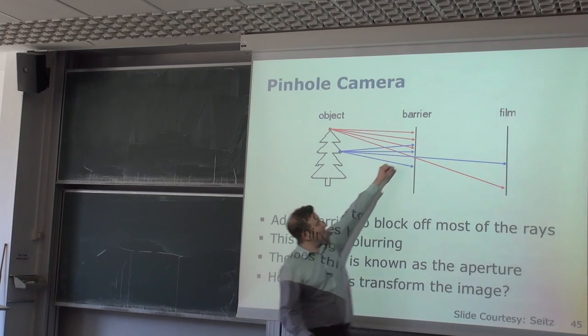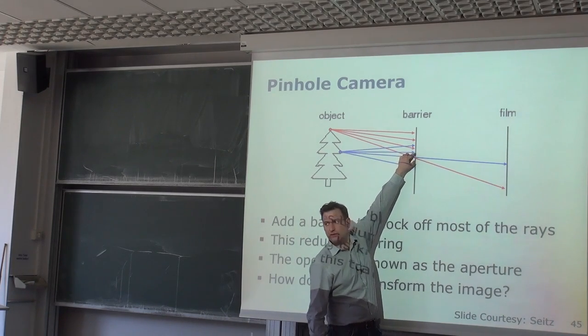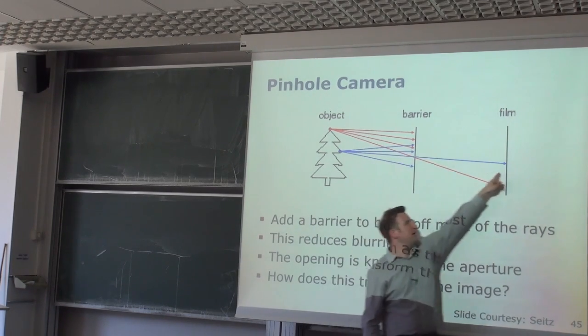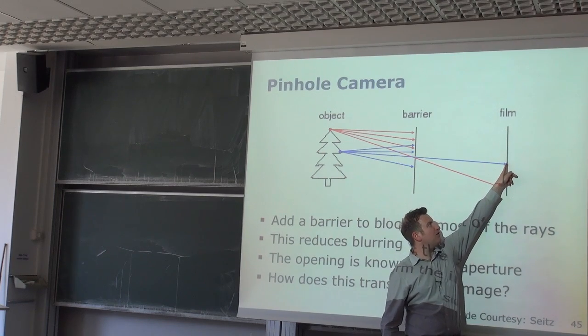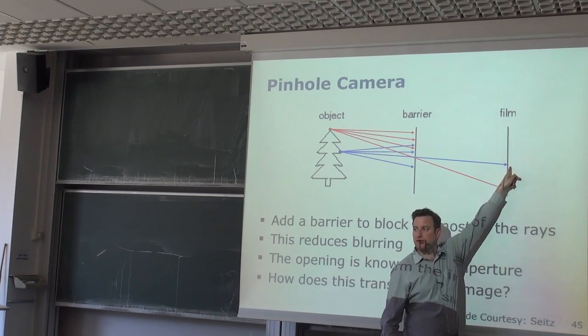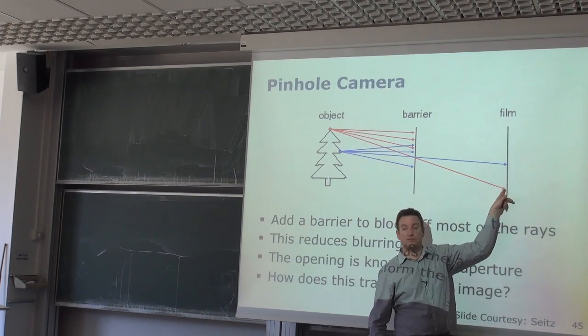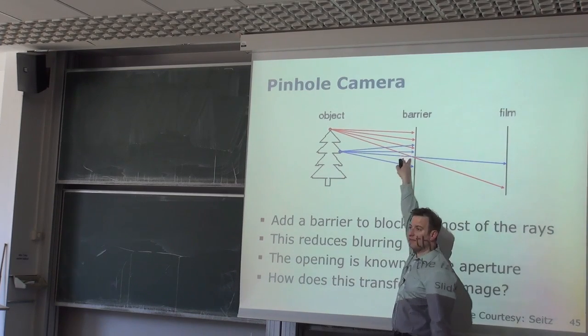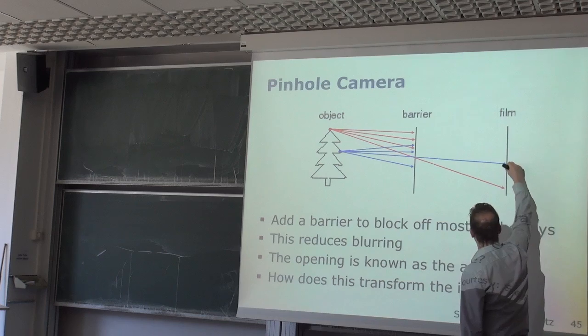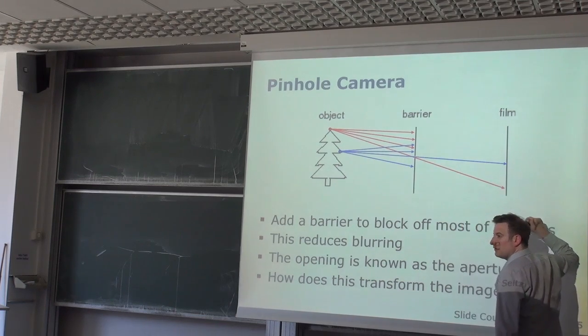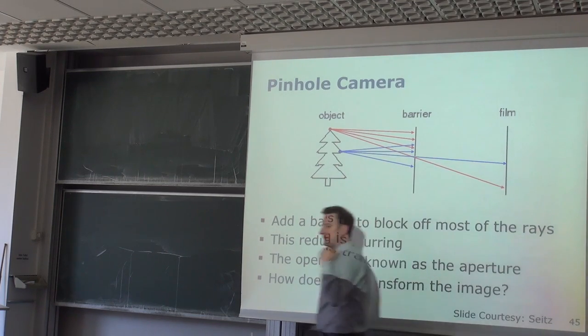If I, of course, make the hole slightly wider, then a few more beams will actually pass here. And this point is not one distinct point, but let's say a small area over here. Same holds for here. And the larger I make this hole, the larger the area of blur gets. But the more light actually reaches the film.